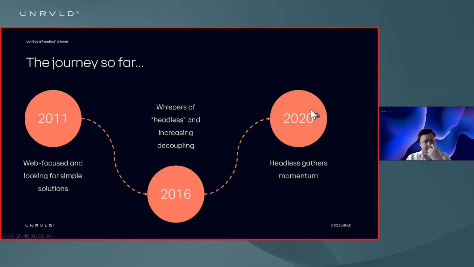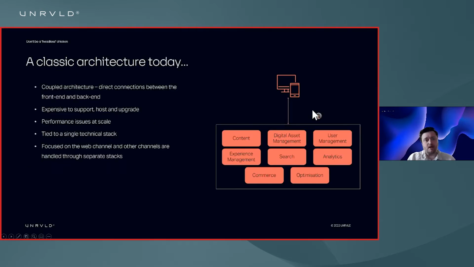For many companies, they are typically on an architecture like this, where it's dominated by a single piece of technology. It's often either coupled or at least semi-coupled between the front end, what the user actually sees, and the business logic at the back. It might still be responsive, but there's still that connection between the two.